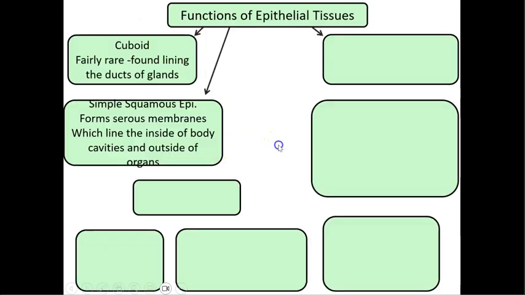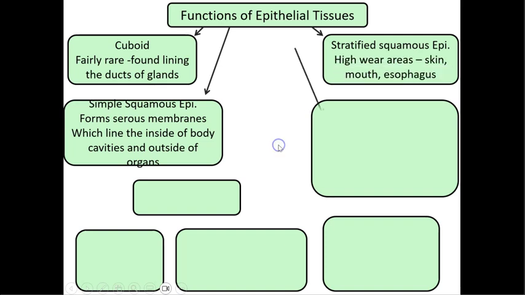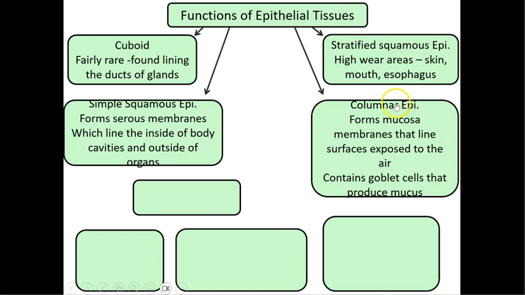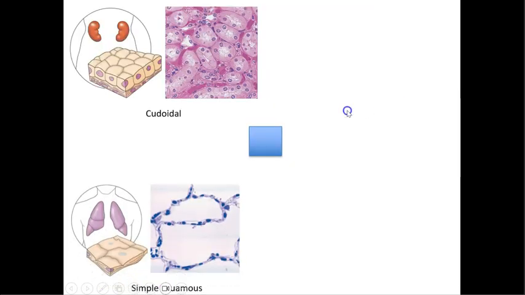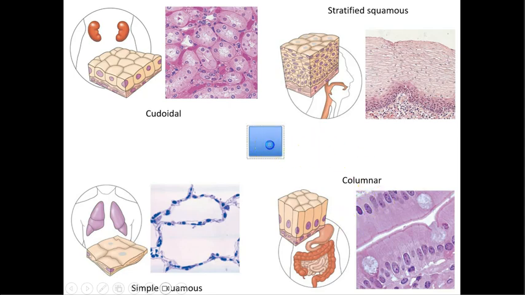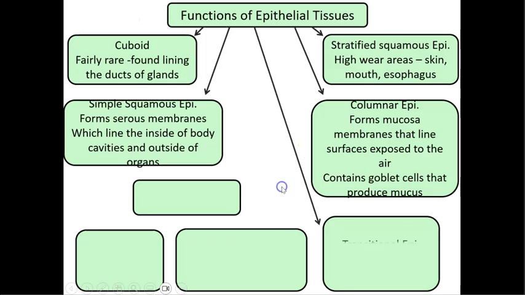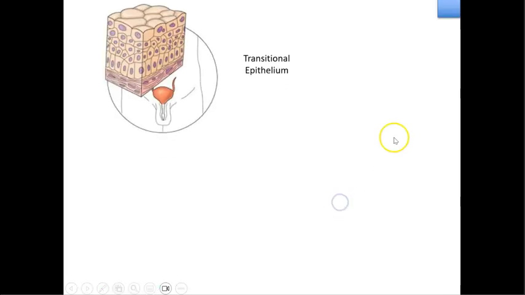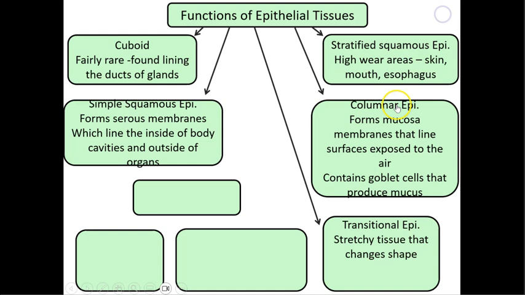And that kind of goes through stratified squamous, I believe, columnar epithelial, for example. If you get to those, stratified squamous, and then there's the columnar. And then transitional, I think, also has a picture. So if you go to a new page, there's transitional epithelium.